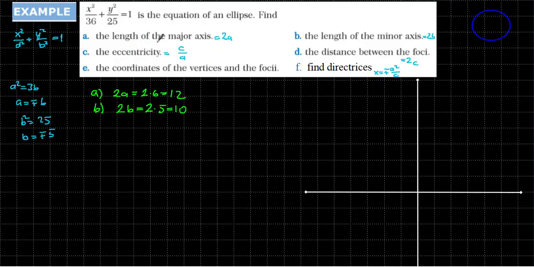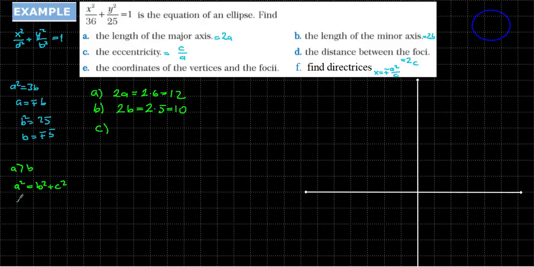Okay, the eccentricity is c over a, so I need to find the c value. Since a is bigger than b, a squared is equal to b squared plus c squared.